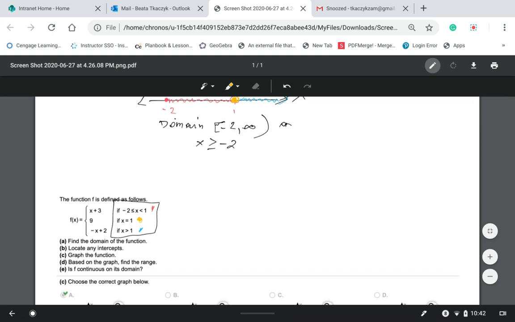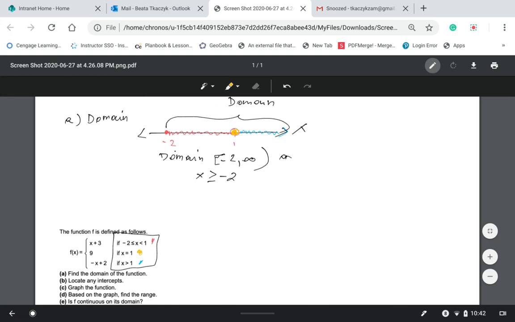Part B, you have to locate any intercepts. So let's see if we can find any intercepts. Let's start with the x-intercept. For the x-intercept, you need to make y equal 0.